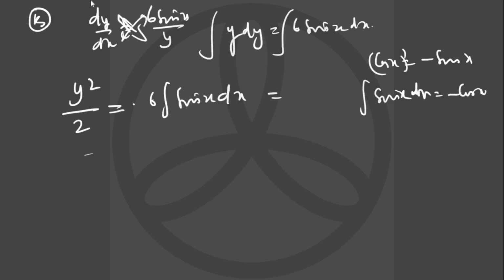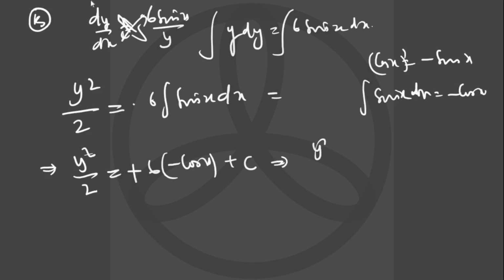So we can write here y squared divided by 2 is equal to minus 6 cos x plus a constant of integration c. And this will give us y squared divided by 2 is equal to minus 6 cos x plus c.